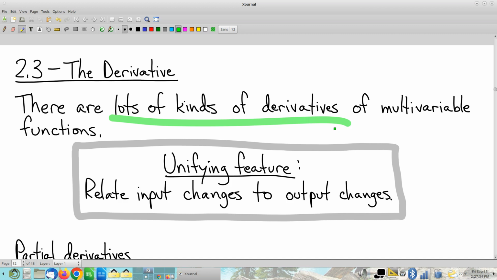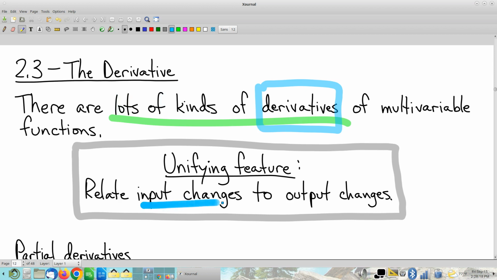I will point out that there is something a little sketchy about using the same word to describe lots of different things, right? If they're different, shouldn't we give them different names? And we do. So, but what is it specifically? Why do we use the word derivative in relation to several different things? What do these things have in common that makes them all derivatives? And this is it.